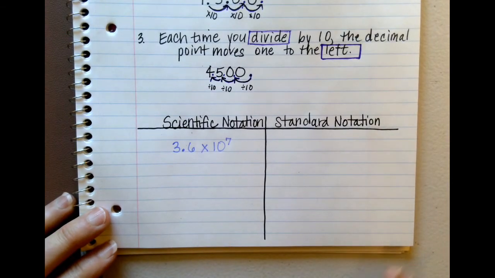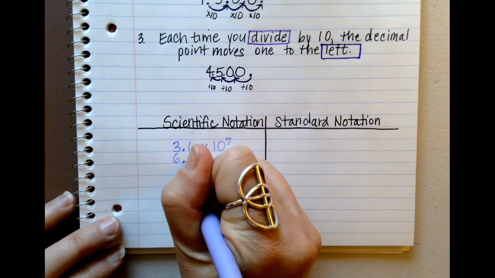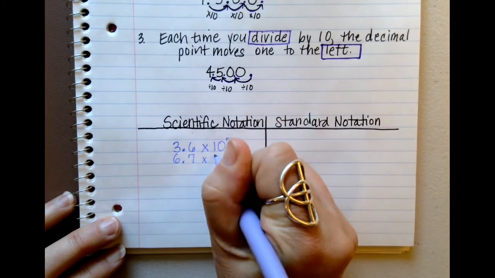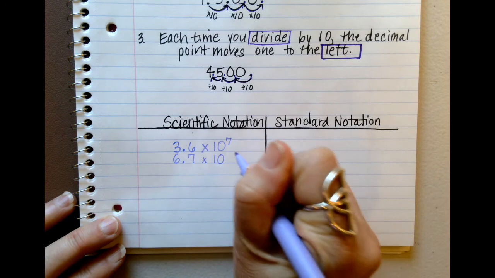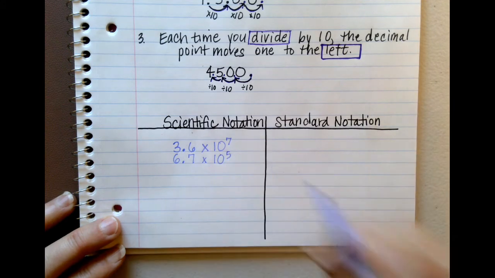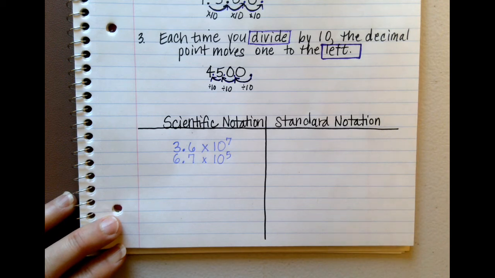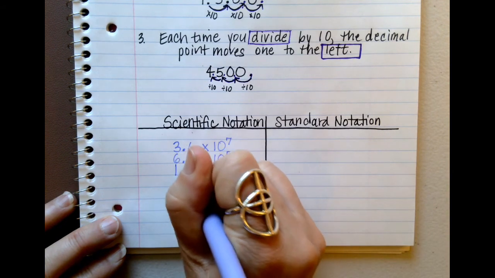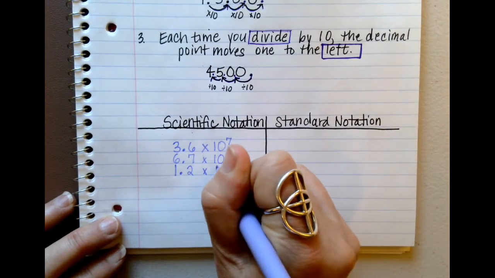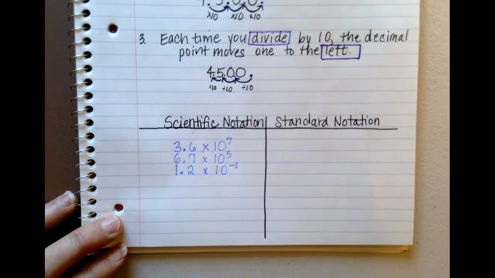Another example might be 6.7 times 10 to the 5th. Another example might be 1.2 times 10 to the negative 1.